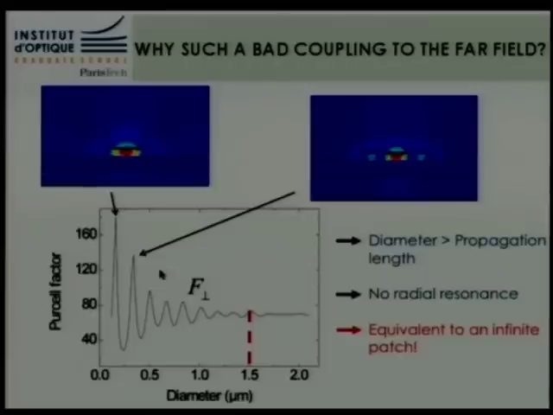So there's no radial resonance, and it's equivalent to an infinite patch. And because an infinite patch is flat, there's a mismatch in wave vector that prevents coupling to the far field.